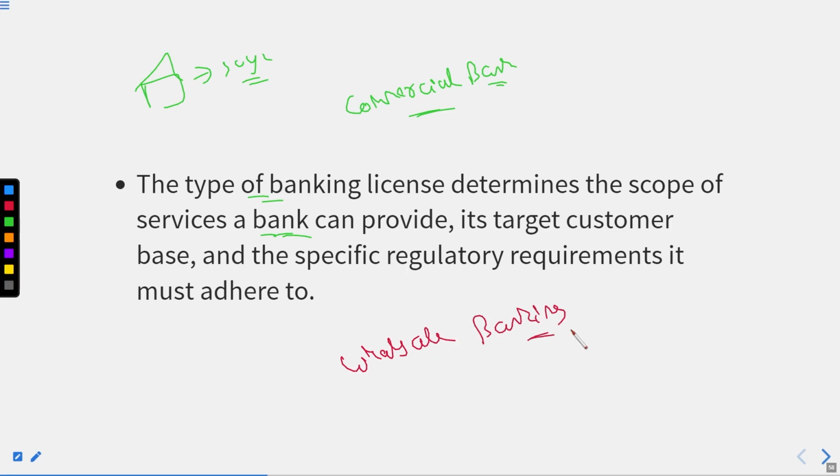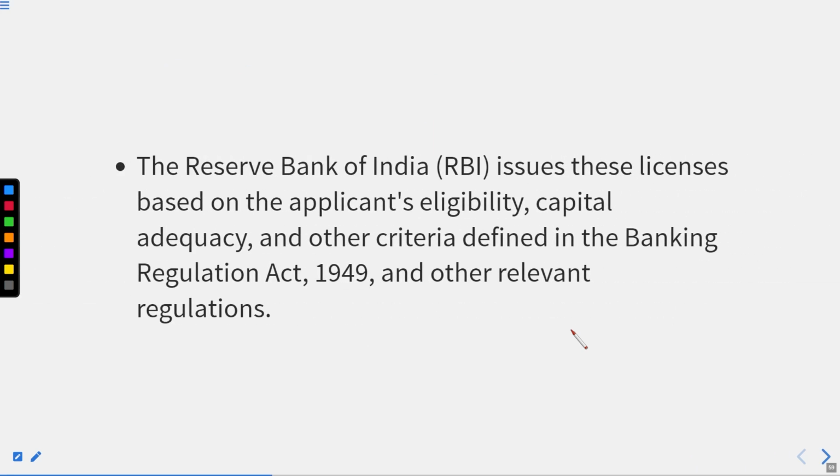So the type of license a bank has determines what kind of services it could offer to the people and the specific regulatory requirements it must adhere to. Okay. The Reserve Bank of India issues these licenses, as we had concluded before, based on the applicant's eligibility, capital adequacy, and other criteria defined in the BR Act and other relevant regulations.